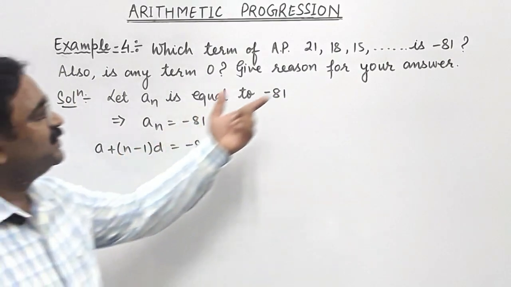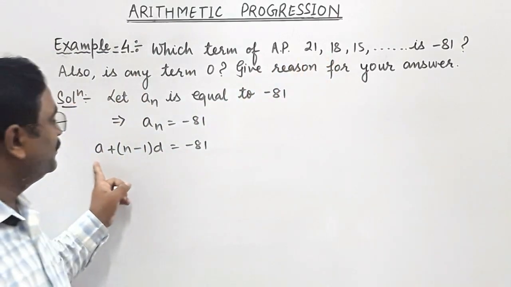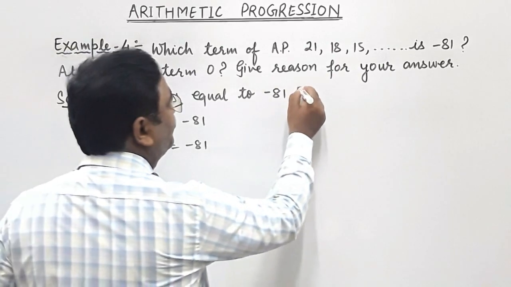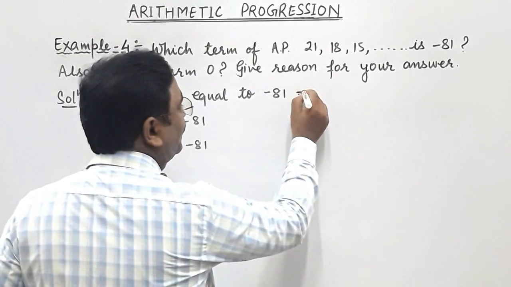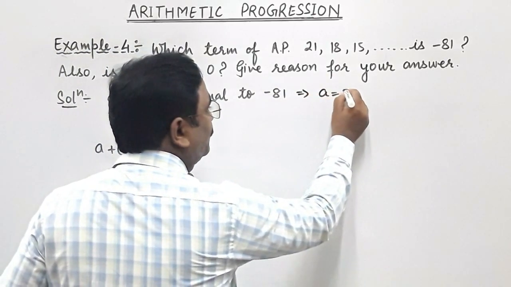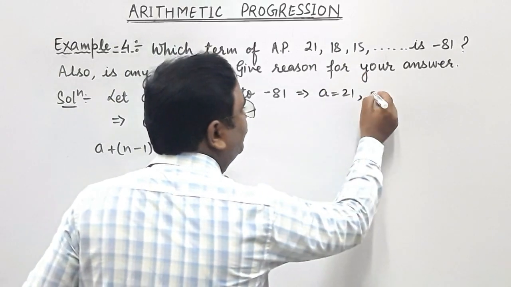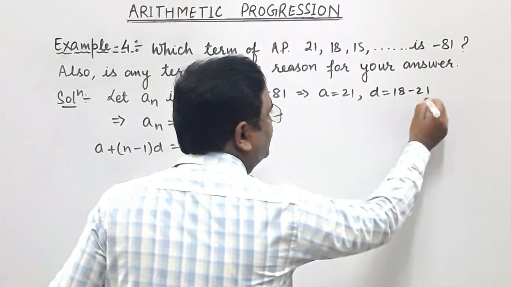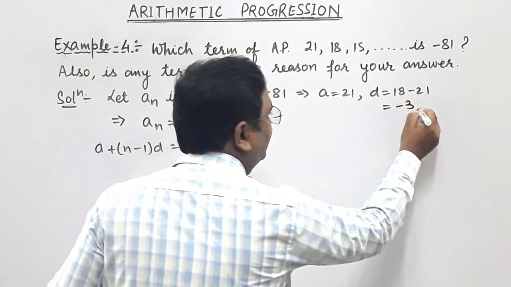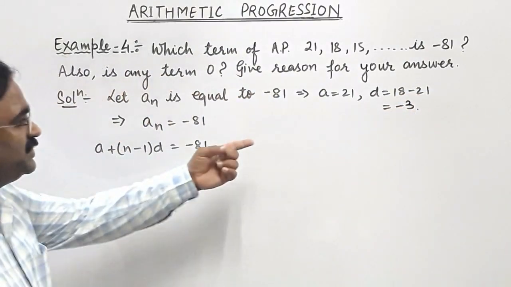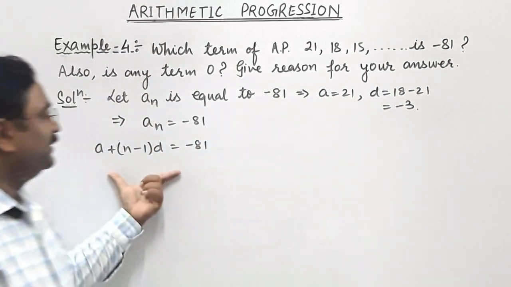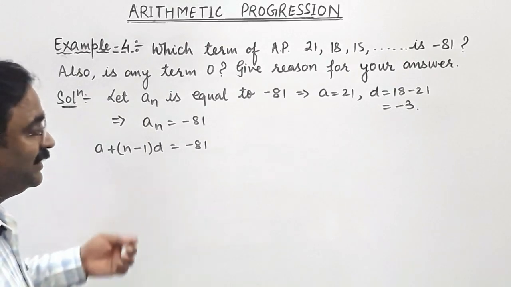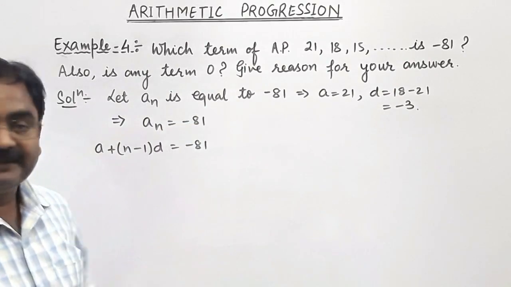So from this series we have to decide what is the first term and what is the common difference. The first term is 21 and the common difference d equals 18 minus 21, which is minus 3. Now substitute these values of a and d in this equation. You will get the value of n. That term will be minus 81.